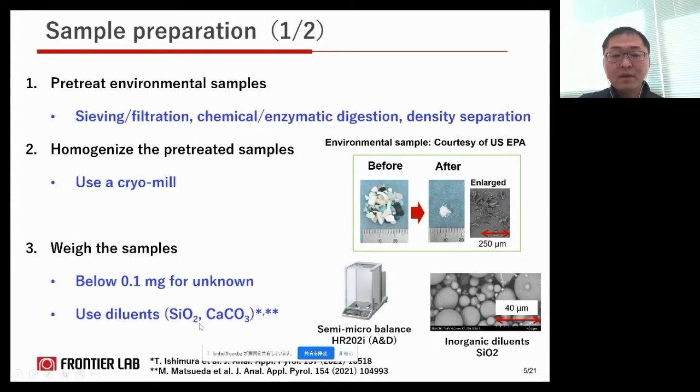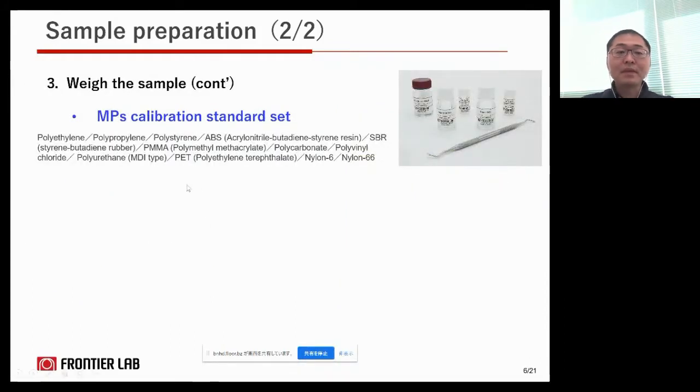We sell these inorganic diluents with the calibration standards. So we developed a calibration standard. This is a 12 major polymers mixture, already mixed with either SiO2 or CaCO3 inorganic samples.